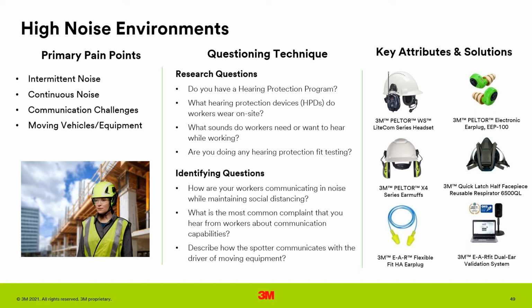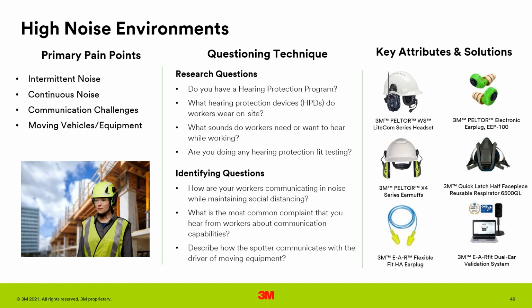And then lastly, in the top right corner is our EEP 100. This is an electronic earplug, and the advantage with this plug is keeping the workers' hearing safe while improving their situational awareness. So if we think about that spotter, the question as far as spotters communicating, how do they communicate, and is it hand signals?